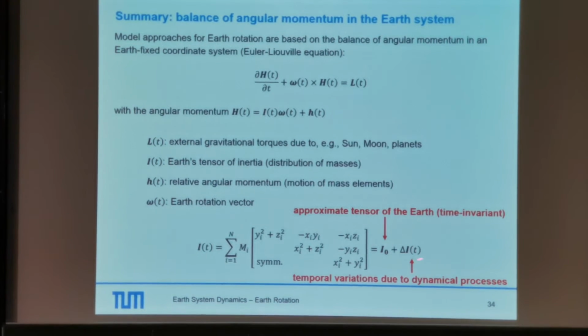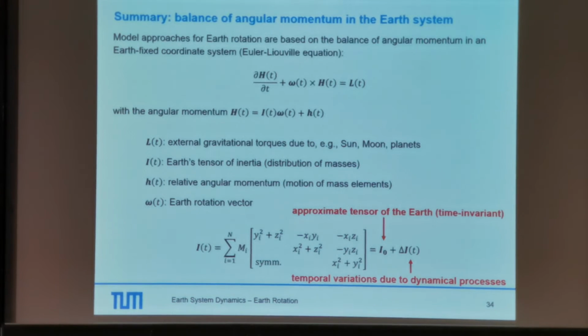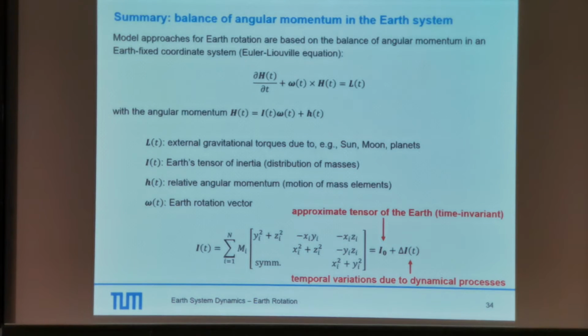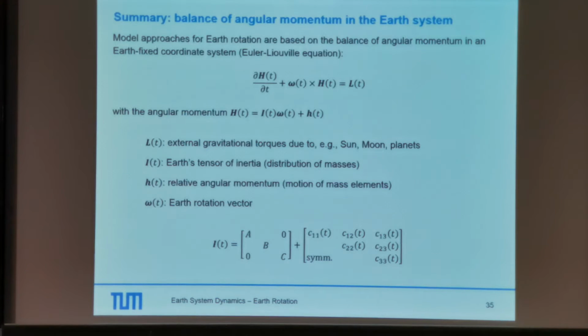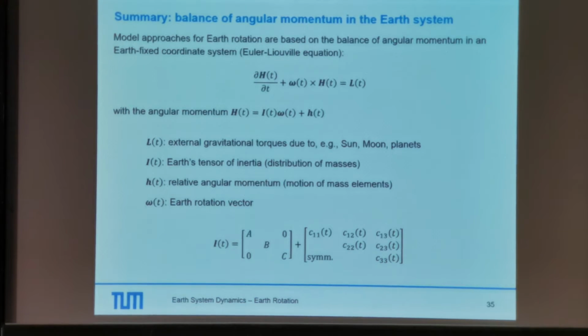So this I0 plus a delta I. This I0 are more or less the principal moments of inertia A, B, and C, and all the variations, or all the elements of the tensor of inertia which describe mass redistributions within the Earth system, are then comprised in this time-dependent tensor of inertia here at the end, this delta I at the end of this equation. Again, here it's written I0 plus these small elements we introduced before, which reflect the mass redistributions.